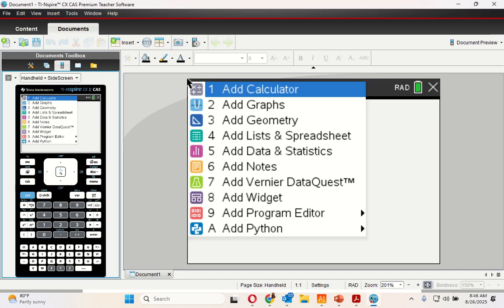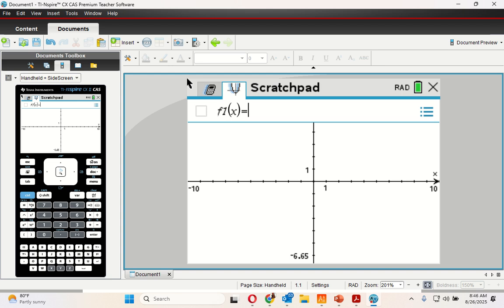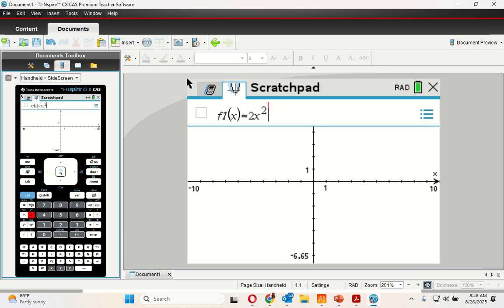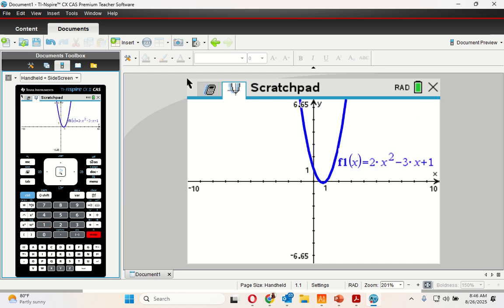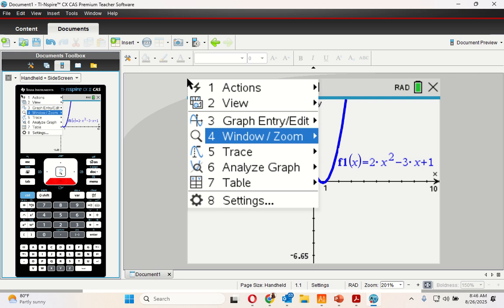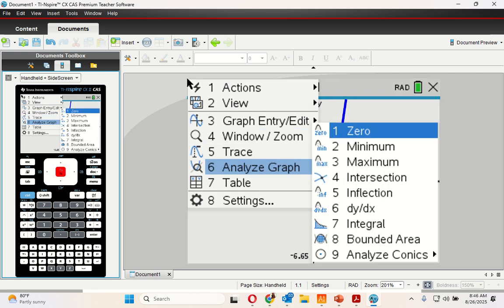All right, let's start with my original equation so you guys can see that. It was 2x squared minus 3x plus 1. Hit enter. Now I'm going to go right here: menu, analyze graph.